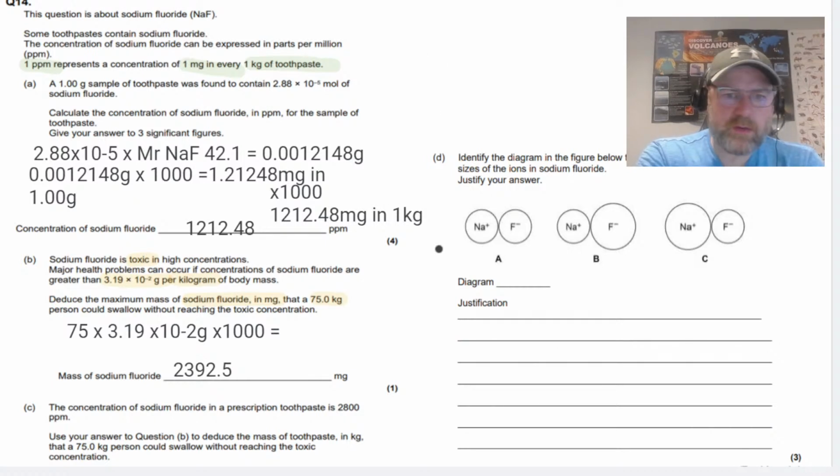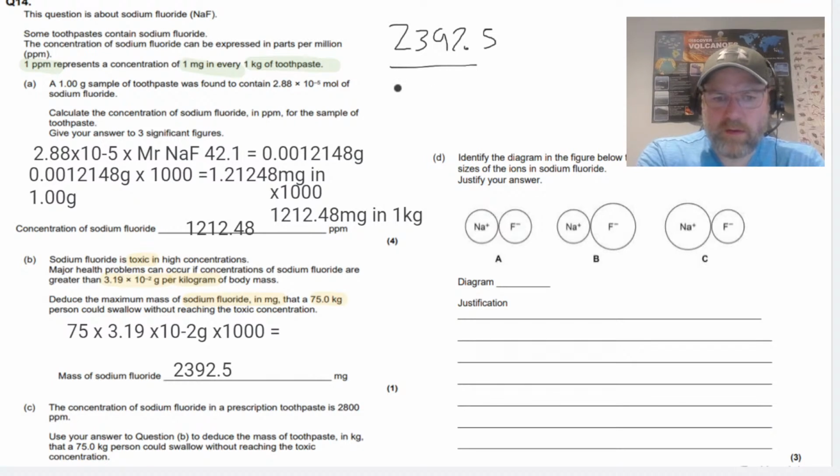So what we want to do here for this disgusting question is work out 2392.5 over the top of 2,800, and then we're going to times 1 kilo.